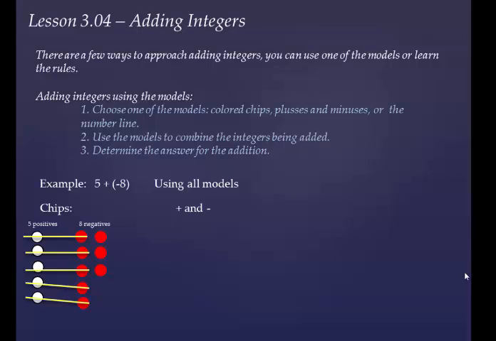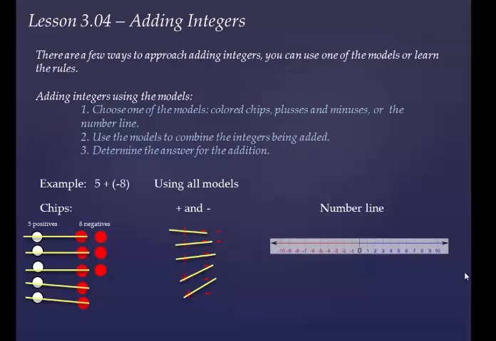If I use pluses and minuses, I have 5 pluses for the 5 and 8 minuses for the negative 8. I go through and I cancel out 1 plus and 1 minus because each of those will cancel each other out, and I have 3 minuses left.